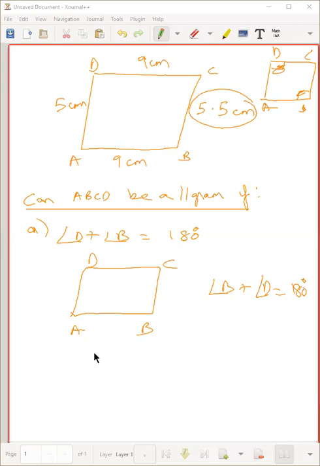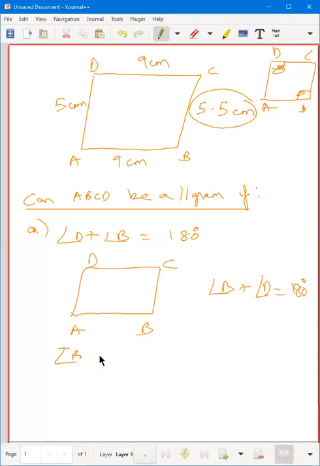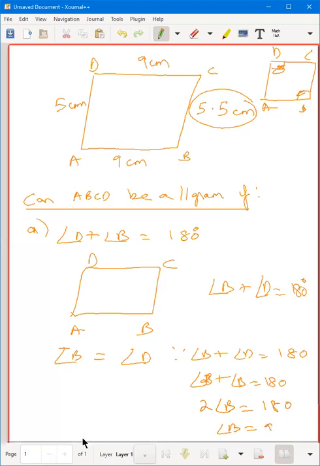The opposite angles of a parallelogram are equal. Okay, right. So you're saying angle B is equal to angle D, isn't it? But we are given that angle B plus D is equal to 180 degrees. That means that angle B plus angle B is 180 degrees. So twice angle B will become 180. So angle B will become 90 degrees.